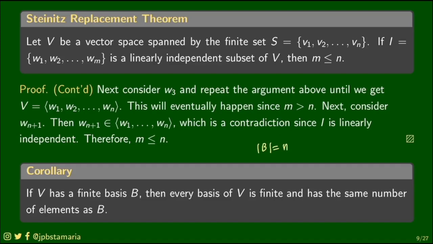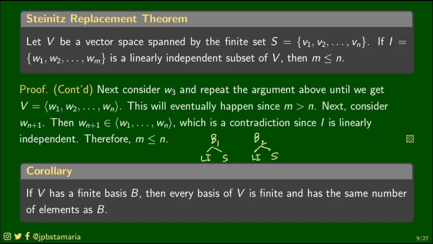In fact, if you have two bases for a given vector space, they must have the same number of elements because if, let's say, you have two bases, B1 and B2. So you can think of them as two different bases, right? Now, a basis is linearly independent and spanning at the same time.